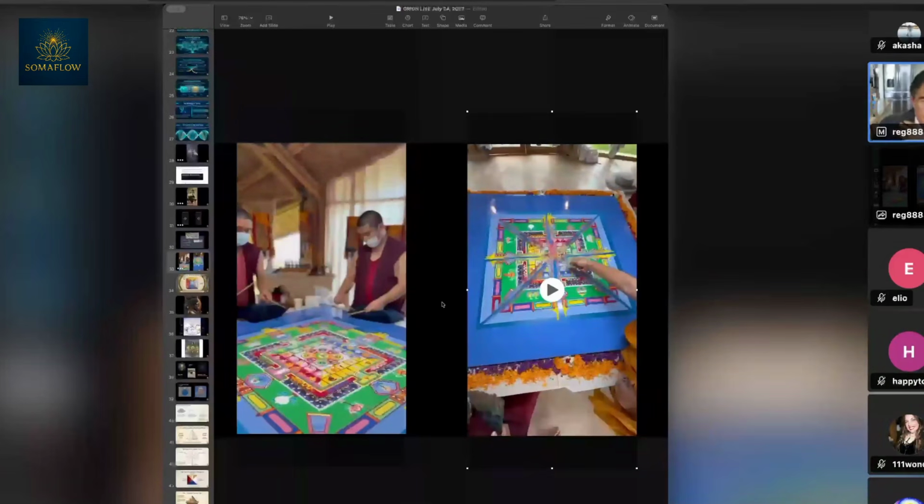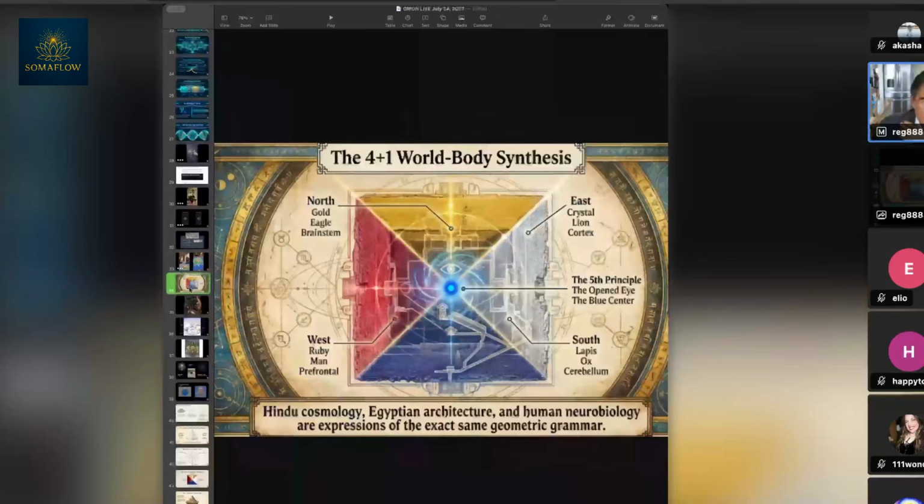Mount Meru is actually drawn exactly like this, right? It's supposed to be something that's built by hand. It's supposed to be an entrance into the underworld, and also an entrance to heaven.